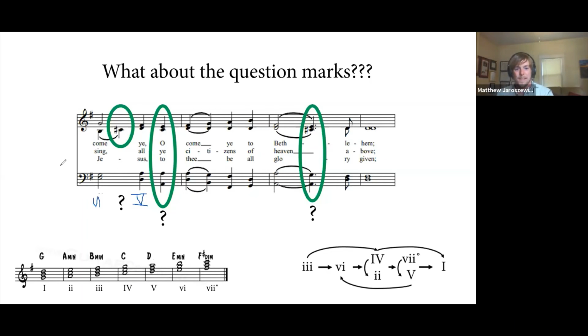If you look at the notes on the 2nd beat, we have the E and the G's that hold over from the 1st beat. We have the C sharp on the 2nd beat, C sharp, E, G. That's a C sharp diminished triad. And that is going to be used in place of either 4 or 2. That's an instance where it's used instead of one of the parts of the flow chart.